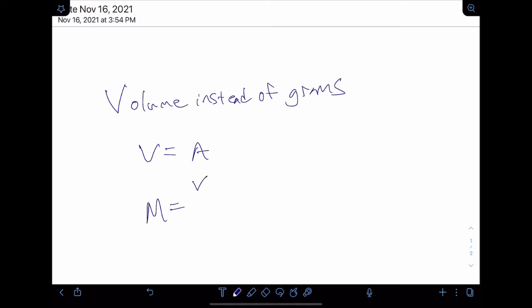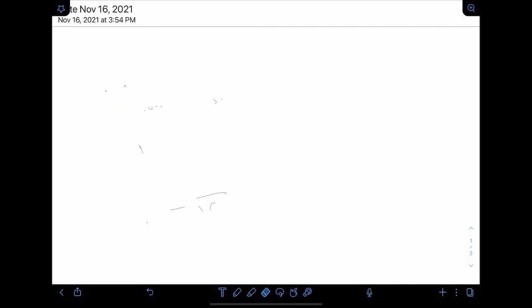Think about this: if you were given grams, you can use a molar mass to obtain moles, and you could plug that into this equation right here. So if we're given a chemical equation, we can figure out moles and grams or volume of the unknowns in the equation.